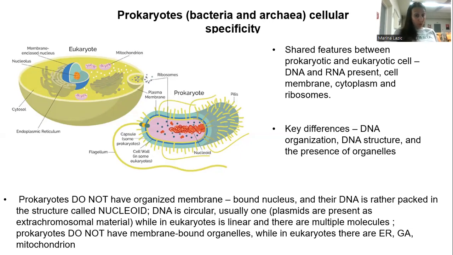So they do not have organized membranes, there is no nucleus, DNA is packed in a nucleoid, so it's a circular DNA. Many times you will see a lot of plasmids, which are extrachromosomal material, and plasmids are very significant for synthetic biology, which we will also cover in a certain portion of this class.